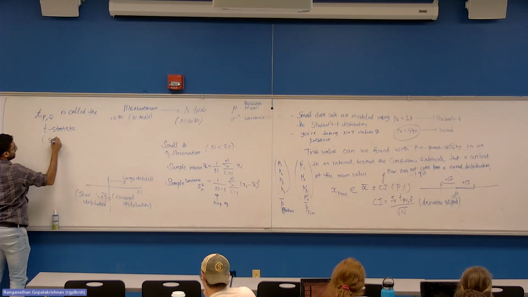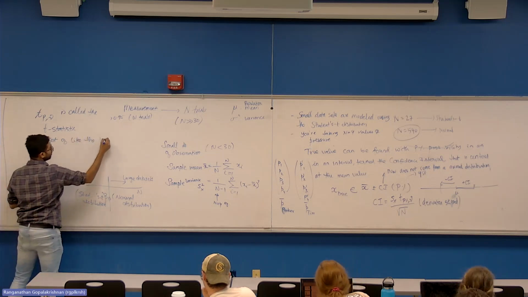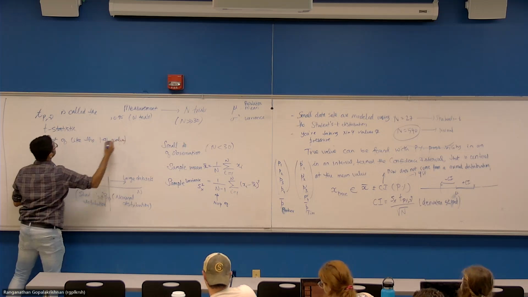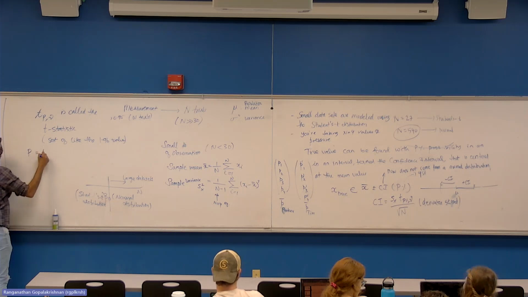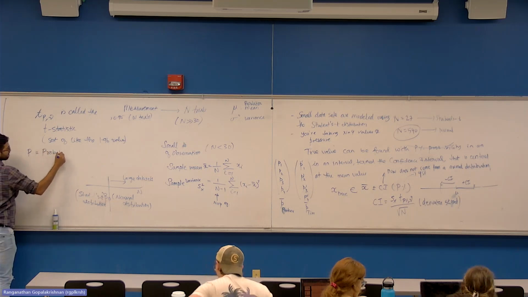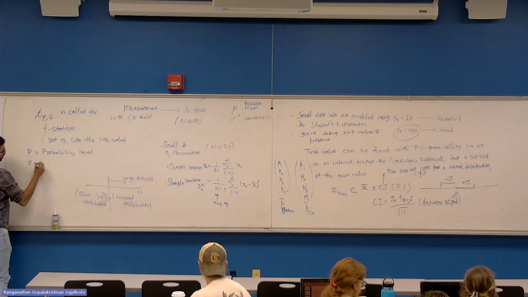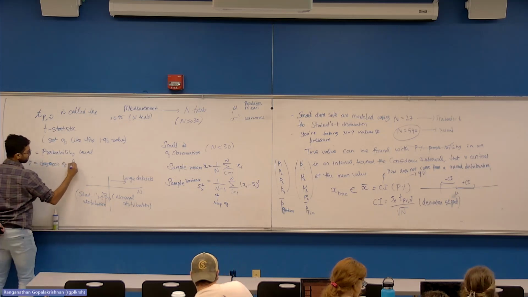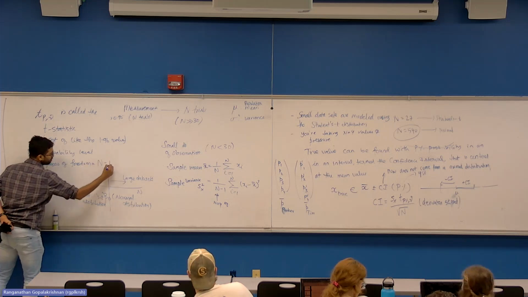It's sort of like the 1.96 value. And P is the probability level. And nu is the degrees of freedom, which is equal to number of observations minus 1.